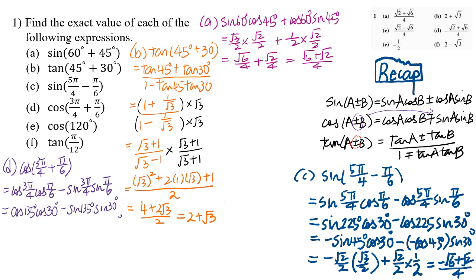All right, so cosine 135, it's in the second quadrant. So your reference angle will be 45 degrees. And because the cosine ratio is negative in the second quadrant, that will give you negative cosine 45.